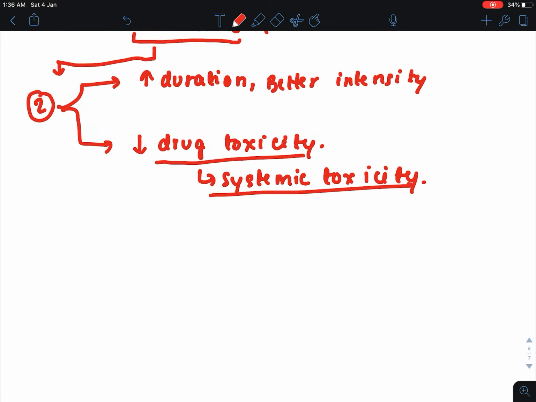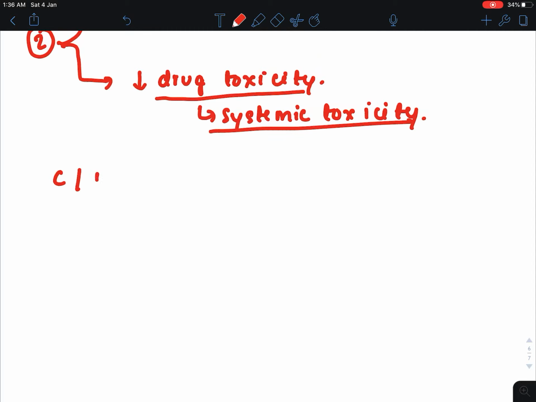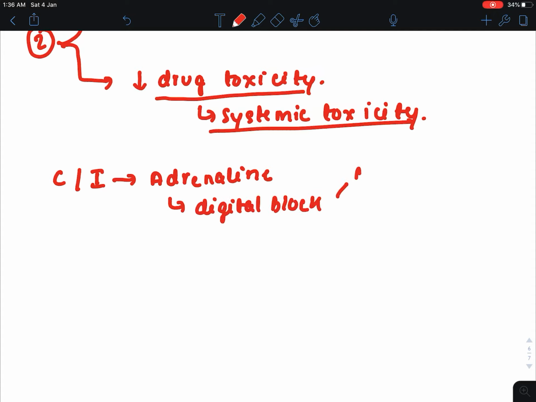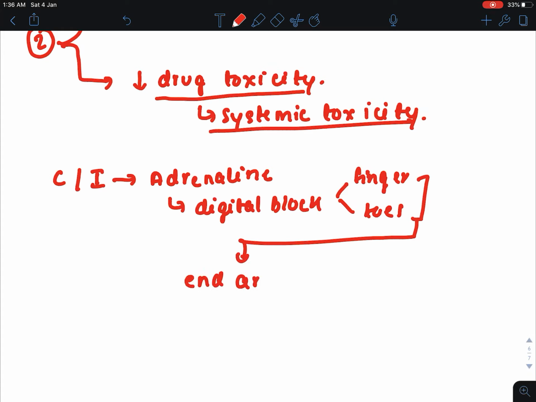Now what is the contraindication of adrenaline, where should we not use adrenaline plus local anesthetics? It should not be used in digital block, such as in fingers and toes, because at these places end arteries are present.